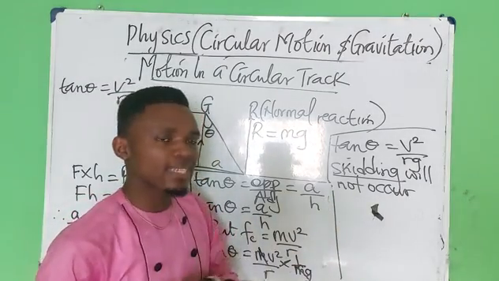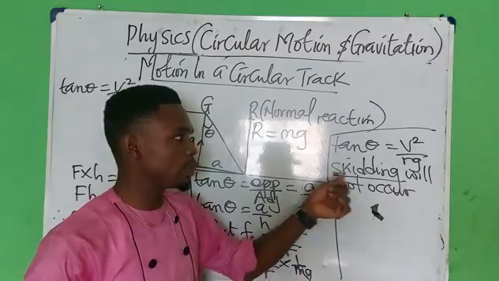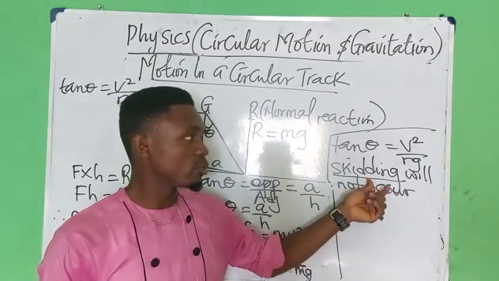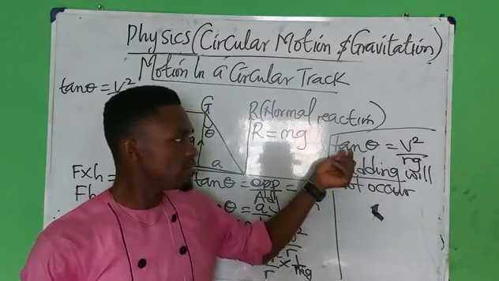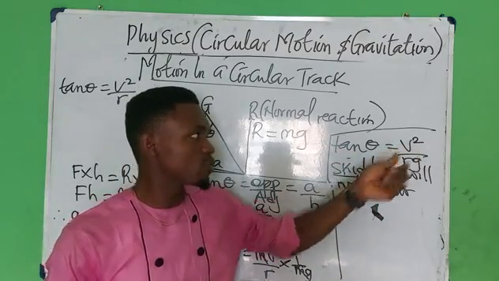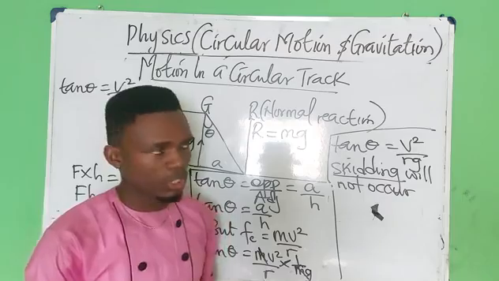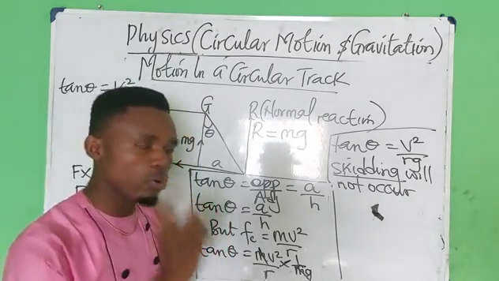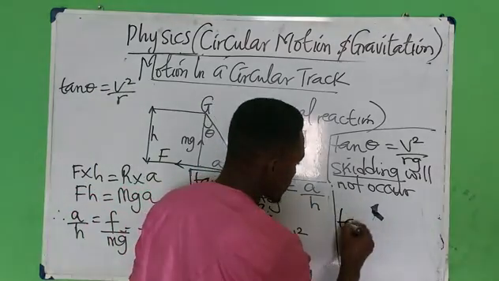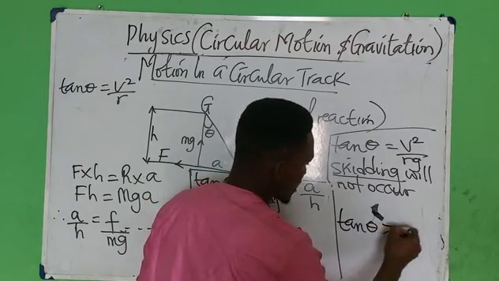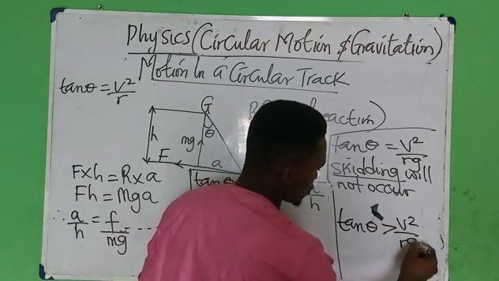When the body slides from its normal position, we call that what? Skidding. And it does not occur if tan theta equals v squared over what? rg. However, skidding occurs when tan theta is greater than v squared over rg.